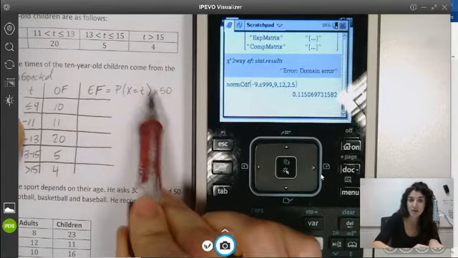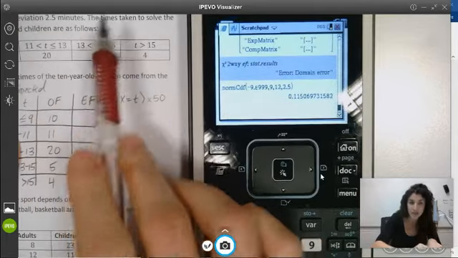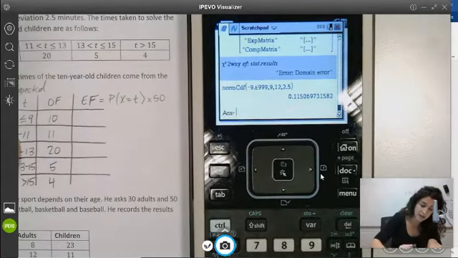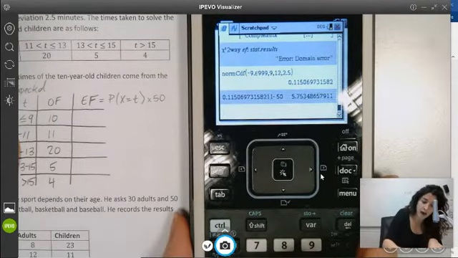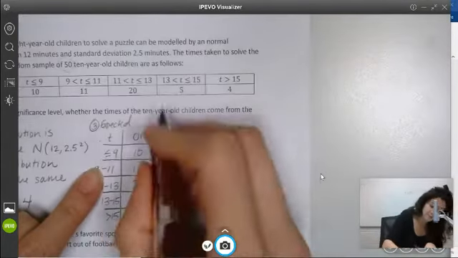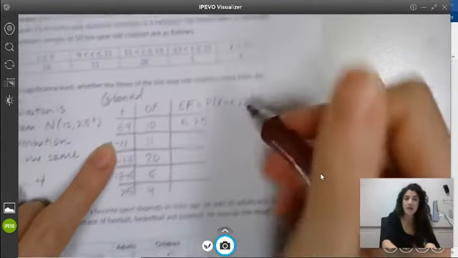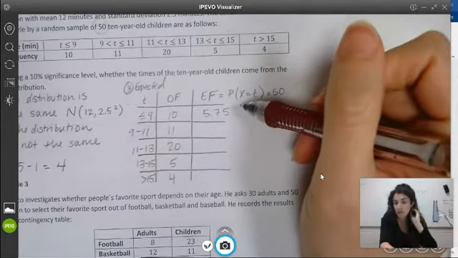Then we take that probability and multiply it by the sample that we're looking at. So we're looking at a sample of 50 children, so we expect that to happen 5.75 times.